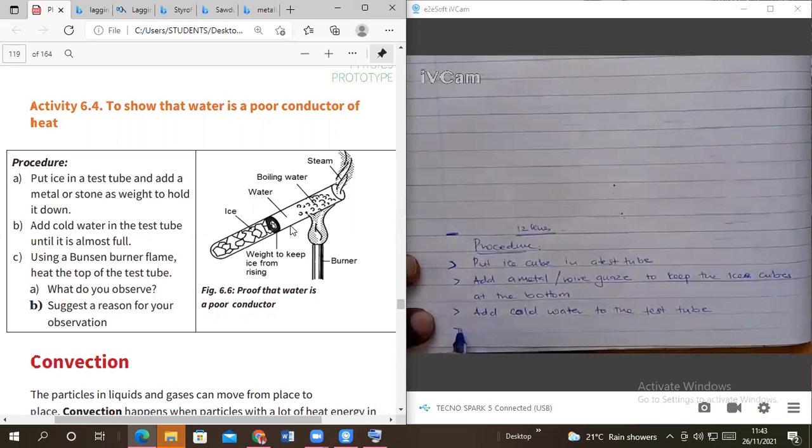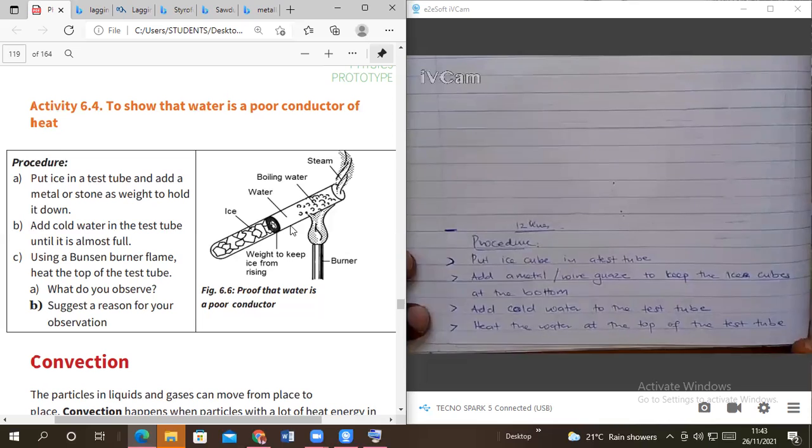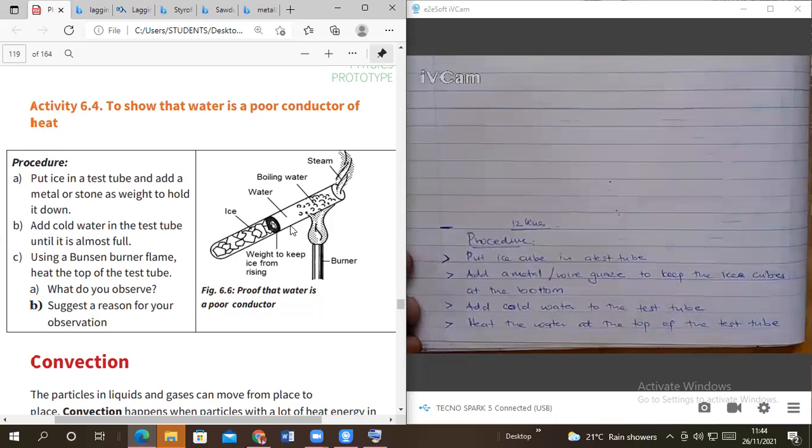Then the next one is heat the water at the top of the test tube. Okay. So we have finished writing that.